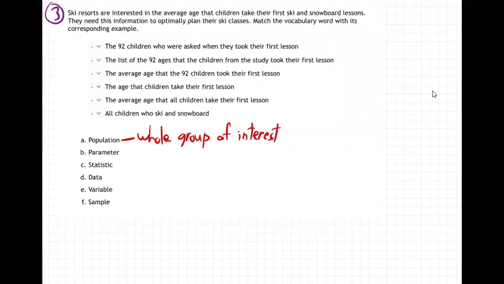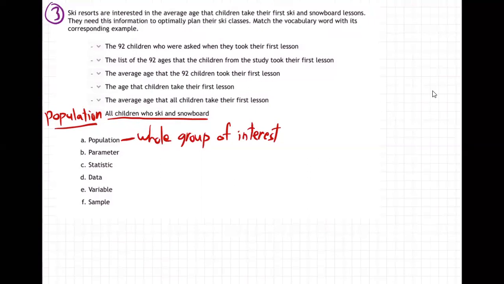So where's that? That's right here. On mine, the population is all children who ski and snowboard. That's the group of interest. So the population, whenever we speak of the population in a statistics problem, we mean the group we're focusing on.